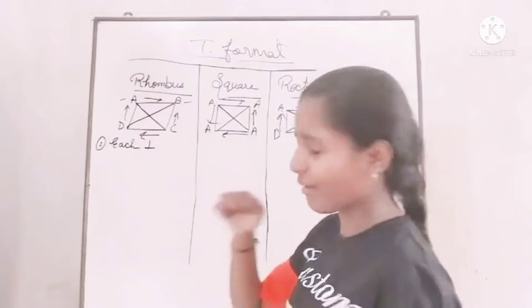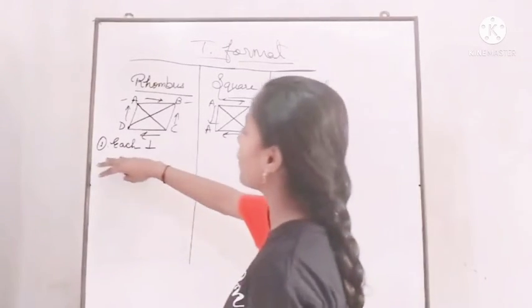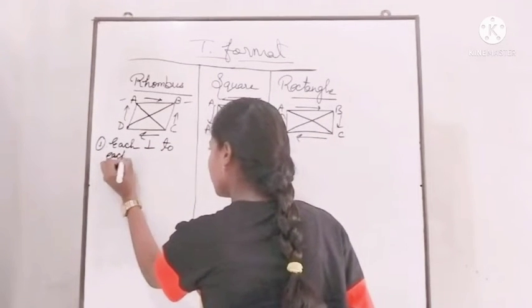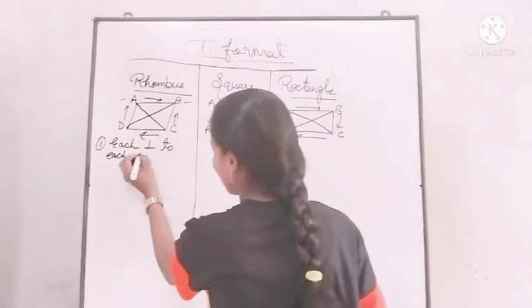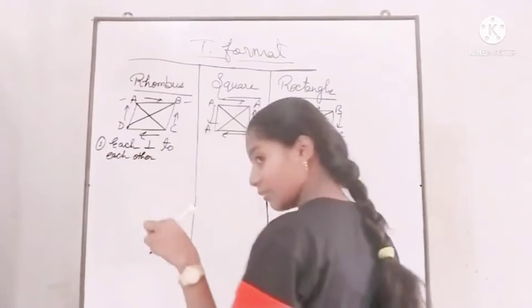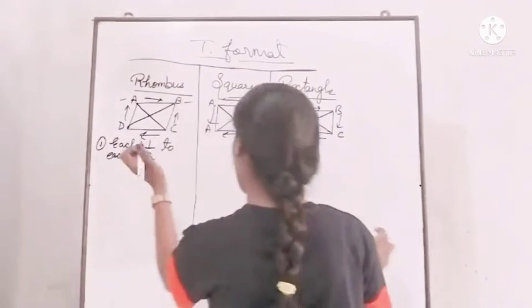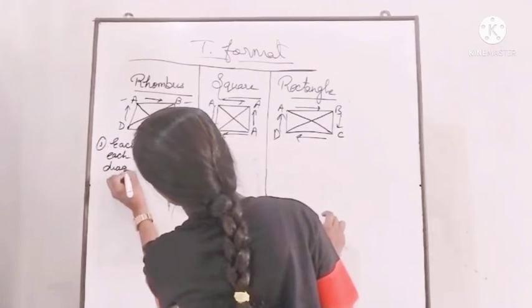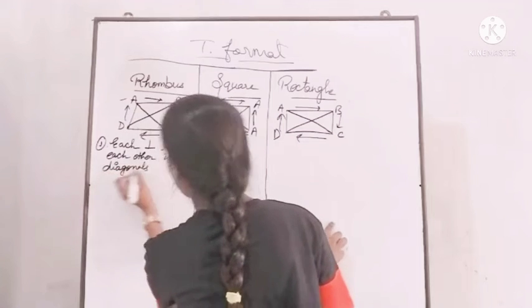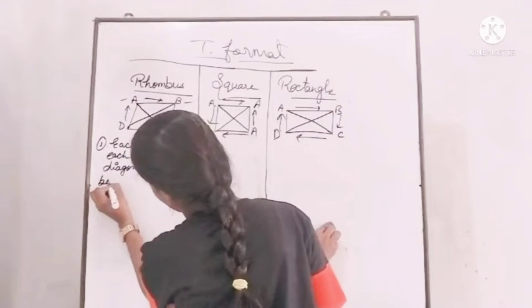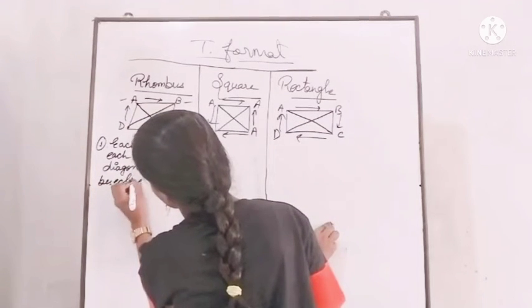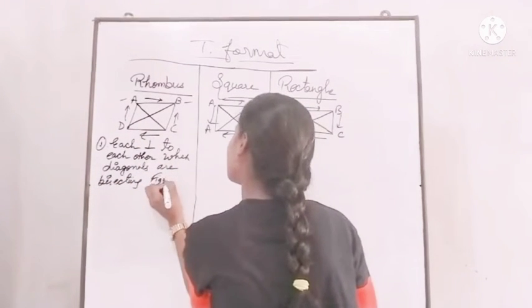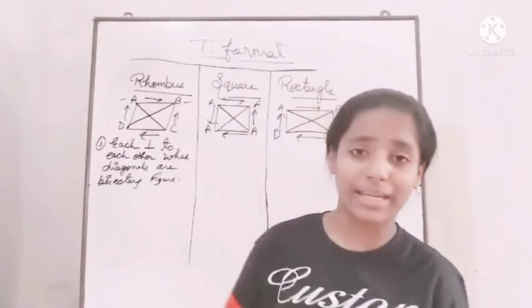If you want to write, you can write: the diagonals are perpendicular to each other when they bisect the rhombus. The first property has been done.